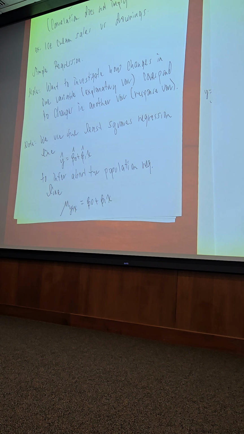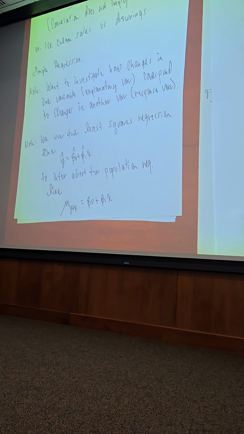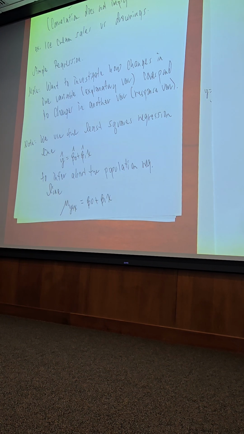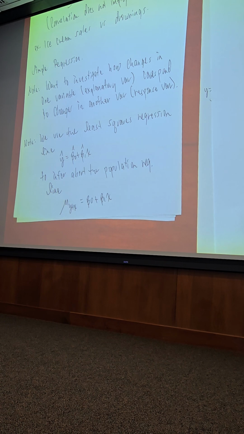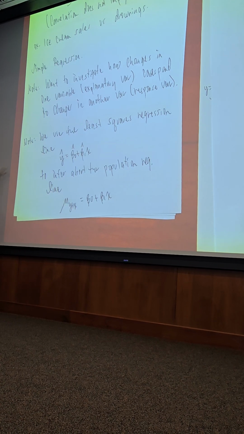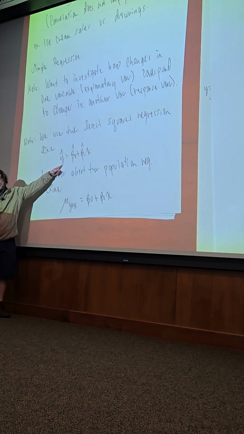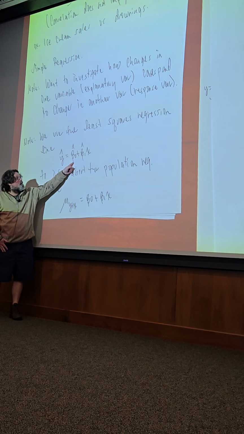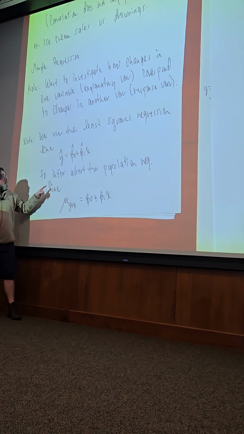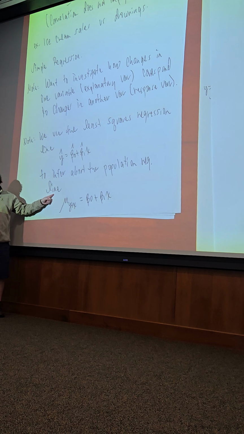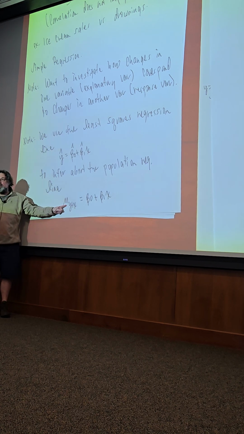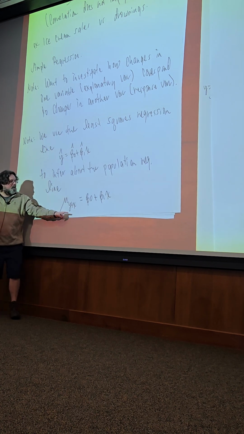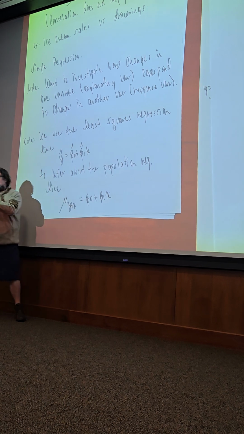So let's just step back and kind of think of what we have in terms of our study exam score. Okay. So we're going to use what's known as the least squares regression line, which is y hat is equal to beta 0 hat plus beta 1 hat times x, to infer about the so-called population regression line, which is mu sub y given x, it's beta 0 plus beta 1 times x. Okay.